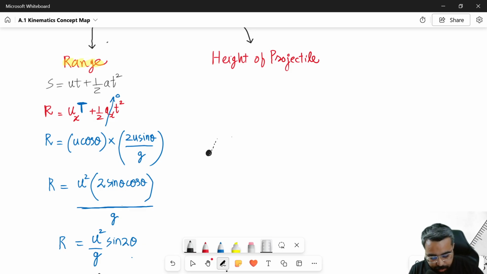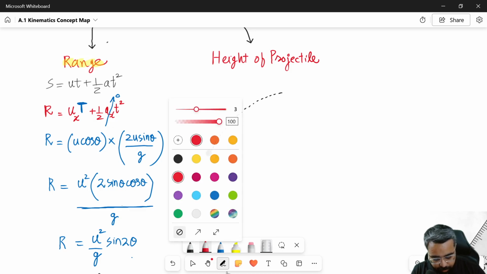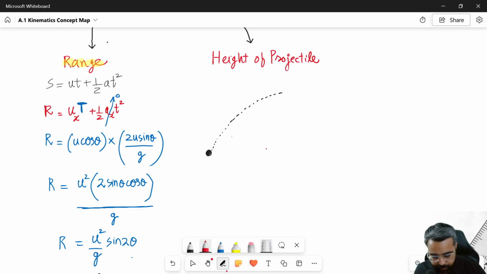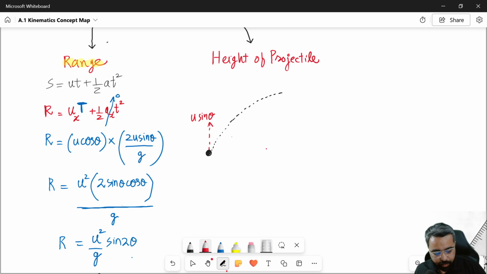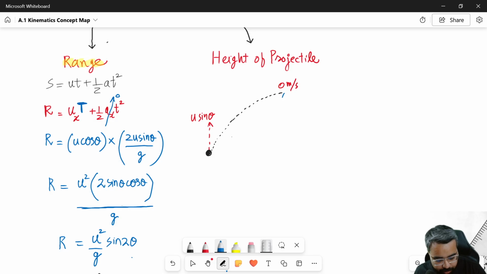This is the trajectory of the ball up to the maximum height. You remember this was the y component of the initial velocity, U sine theta, which at the maximum height becomes 0 meters per second. So what will be the height of the projectile?